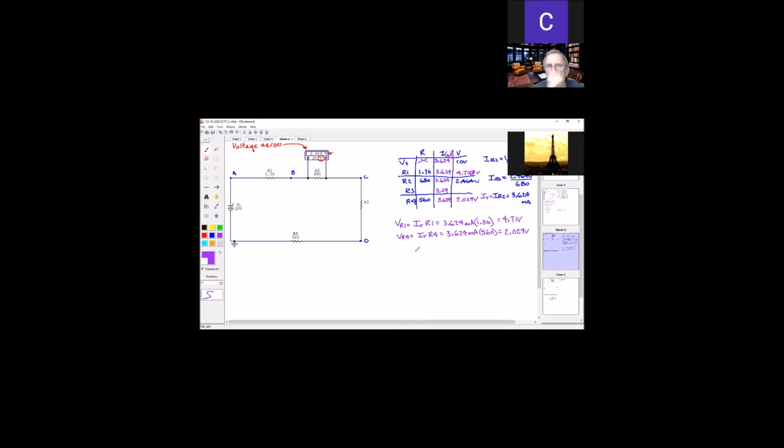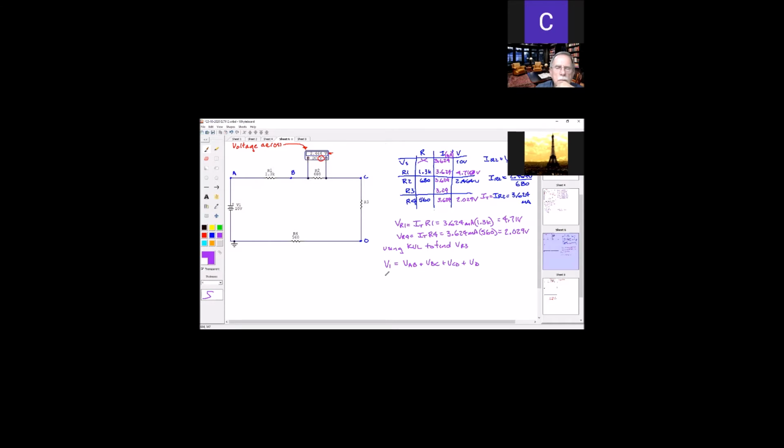So now I can use Kirchhoff's voltage law. We could say that V sub 1, the supply voltage, is V A B plus V B C plus V C D plus V D to ground.